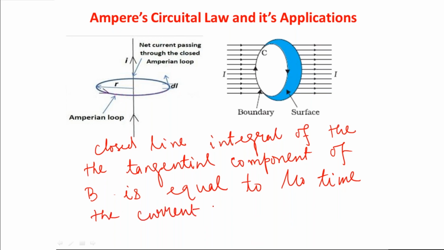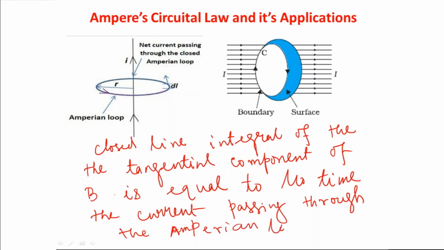mu naught times the current passing through the Amperian loop.